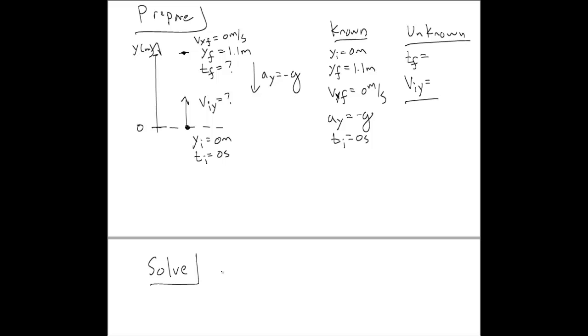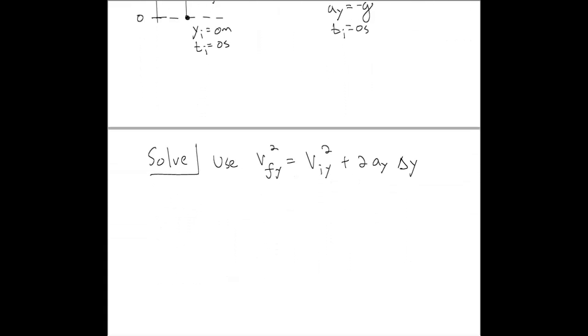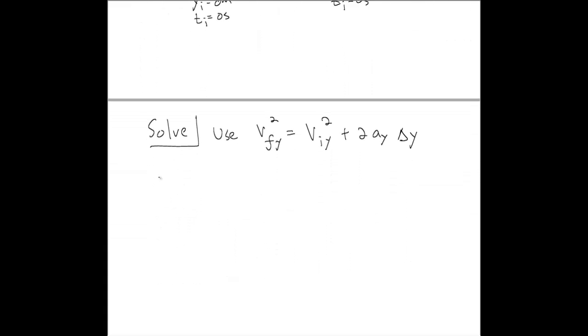One expression that will do that is the final y velocity squared is equal to the initial y velocity squared plus 2 times the y acceleration times the displacement in the y direction. And we can use this to solve for v_iy, the initial velocity in the y direction.